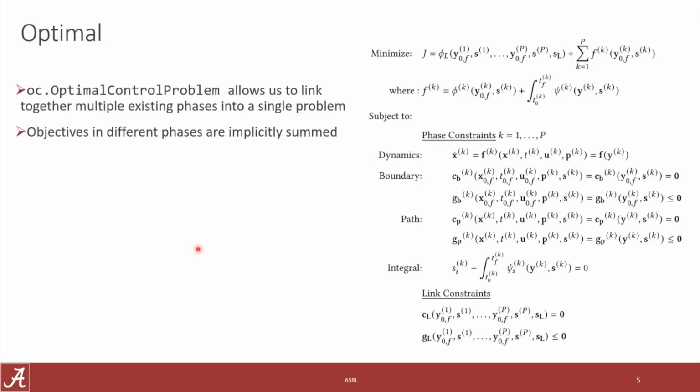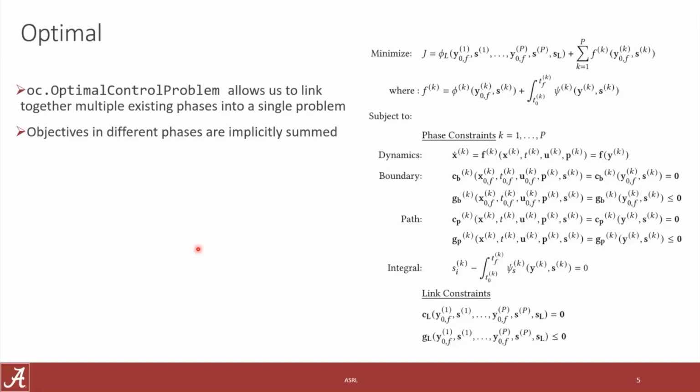And the way to picture what these optimal control problems are is, once you have the different phases instantiated that you need for this combined problem, you can write an OCP that links all of those phases together, and you have all of your phase-specific transcriptions, you have all of your phase-specific objectives and constraints.